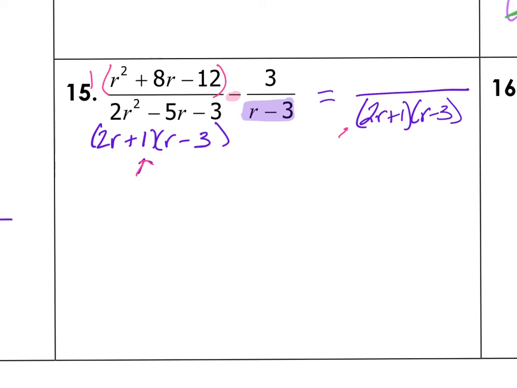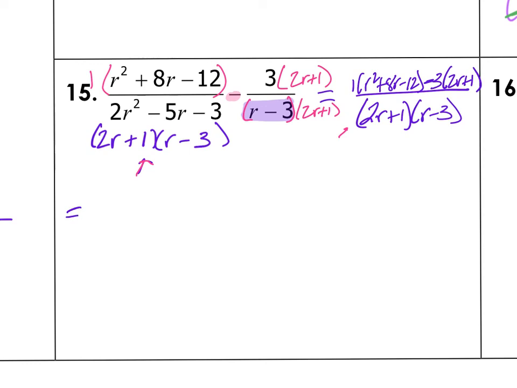What am I multiplying this one by to get this? Well, 2r plus 1. So this becomes 1 times r squared plus 8r minus 12 minus 3 times 2r plus 1.